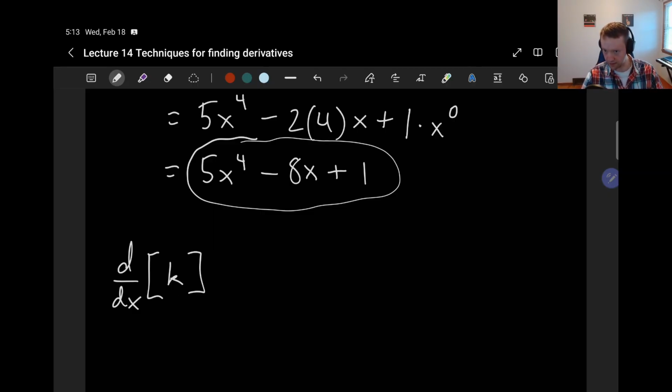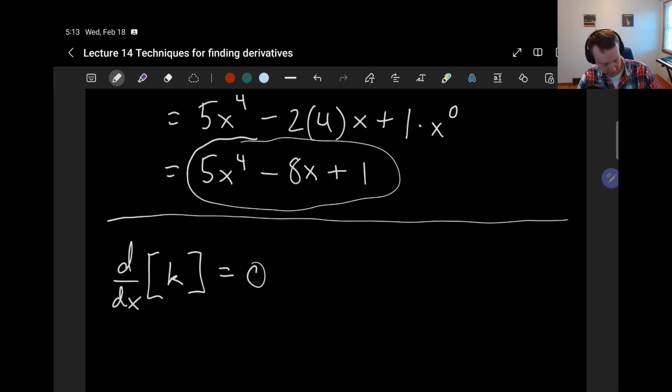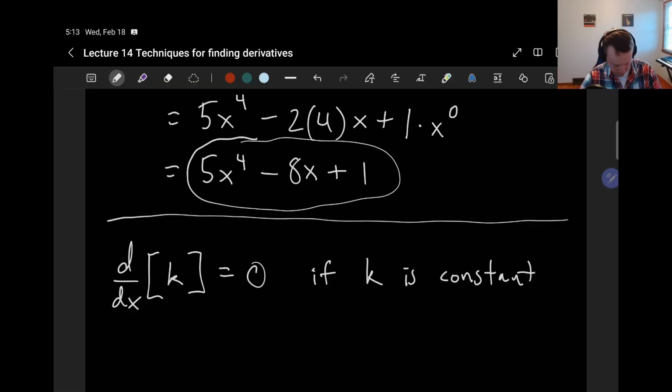K is a constant, a fixed number. And if that's the case, then the derivative is 0. Let's say k is constant, so I'm saying k is just a number like 2. You take the derivative of 2, you get 0.